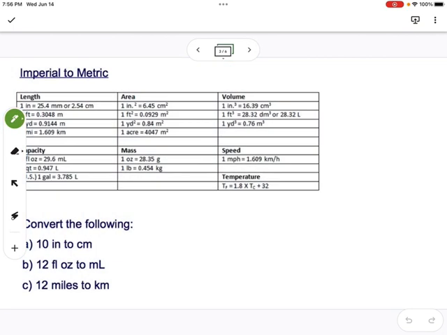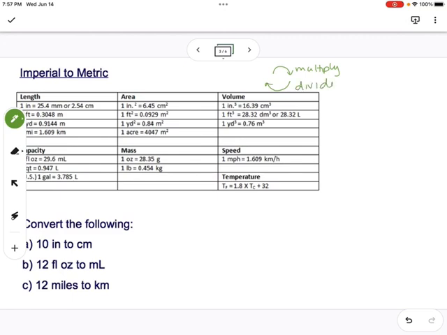Okay. The last type of conversion is when we're working between both imperial and metric. Again here with these, if we're moving left to right, we're going to multiply by the conversion, and moving right to left, we're going to divide.